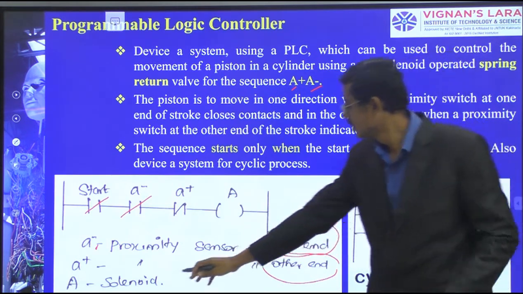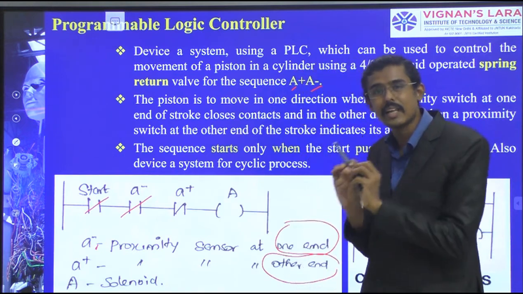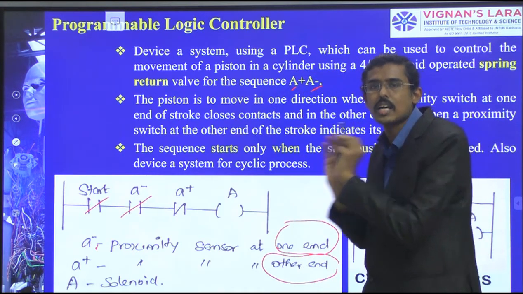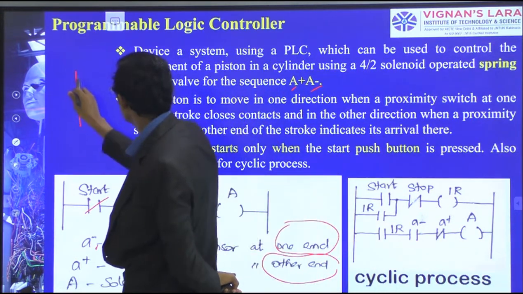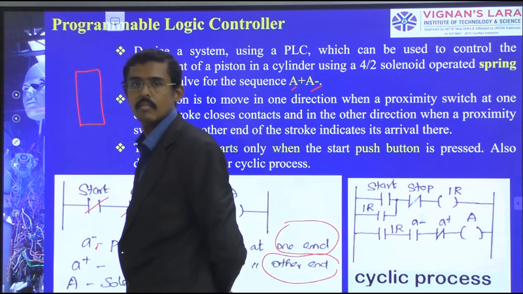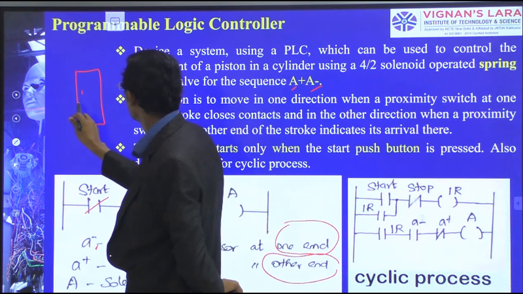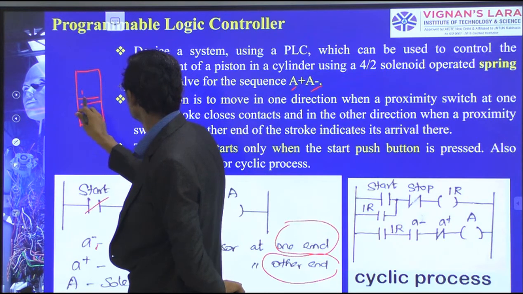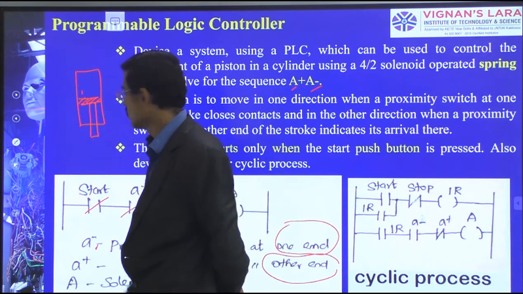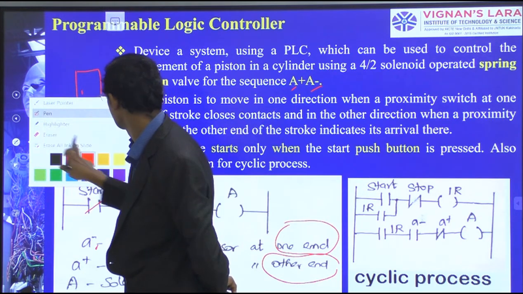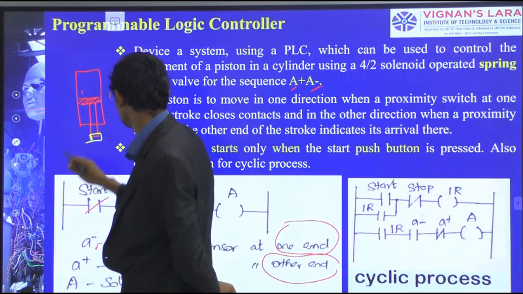A is the solenoid which is going to get the electrical power supply, and it has to start to move. Now, I have a cylinder and I have a condition of the piston to move from here to here, and I have a solenoid at this connection.